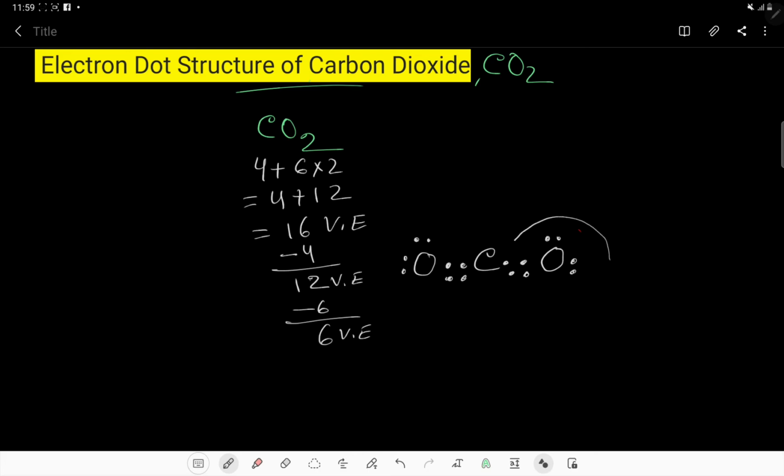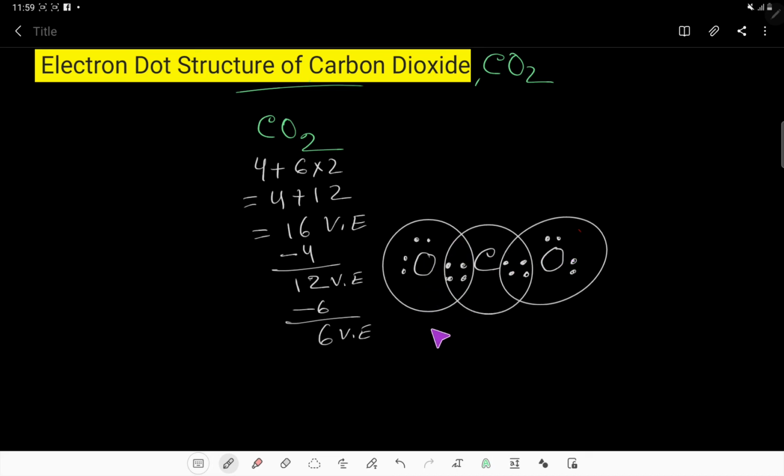Now this oxygen has 8 valence electrons, this oxygen also has 8 valence electrons, and this carbon also has 8 valence electrons, right? So if you calculate the formal charge for oxygen, carbon and oxygen, then you will get formal charge 0, 0, 0, right? So let me show.